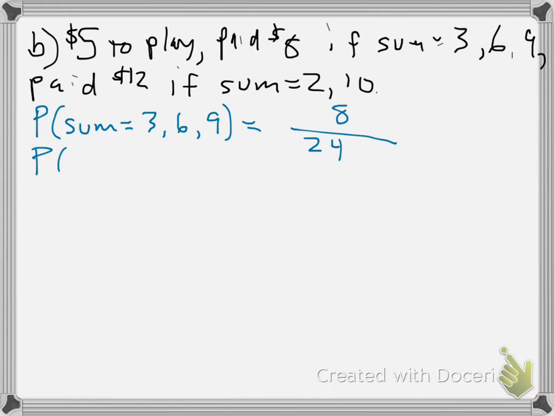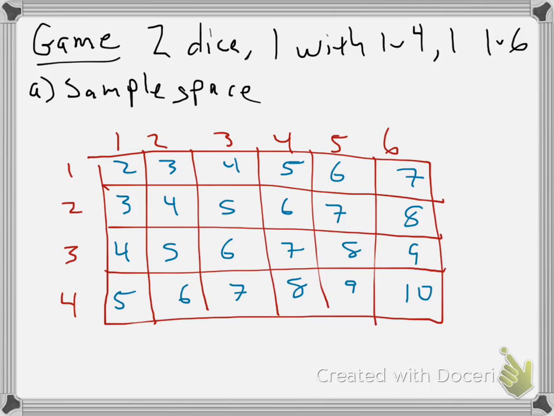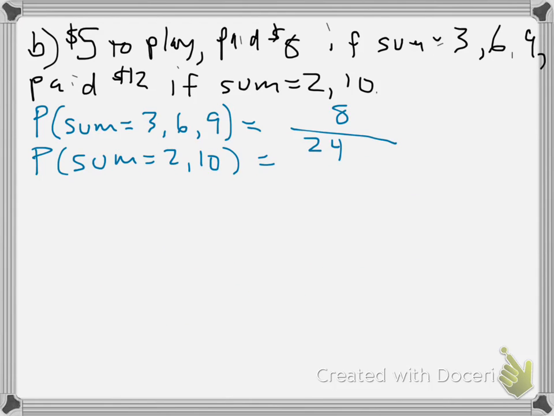And then let's also find the probability that the sum is a 2 or a 10. Well, there's only one way to roll a 2, that's to get 2 ones, and there's only one way to get a 10, and that is to roll a 6 and a 4. So there's 2 out of 24 possible ways. This is going to be 1/12.